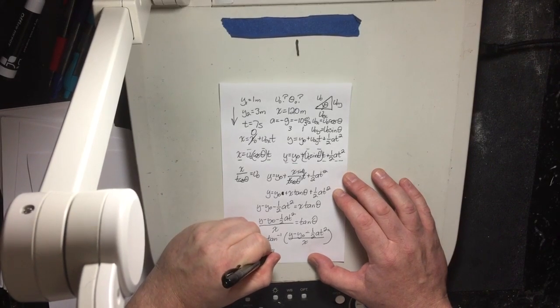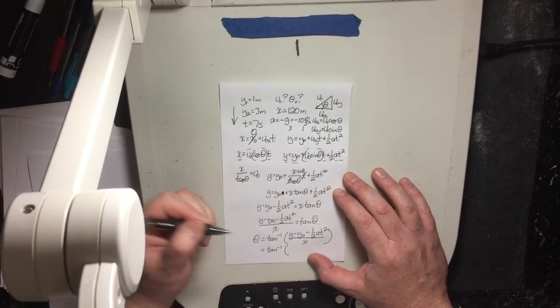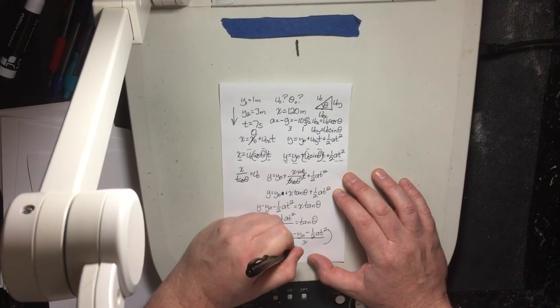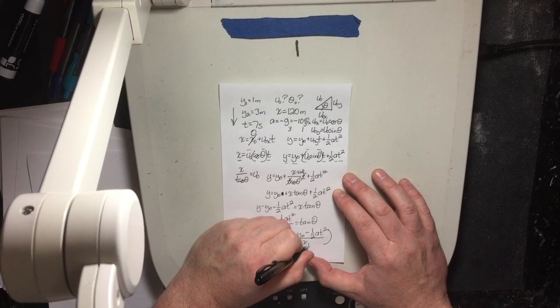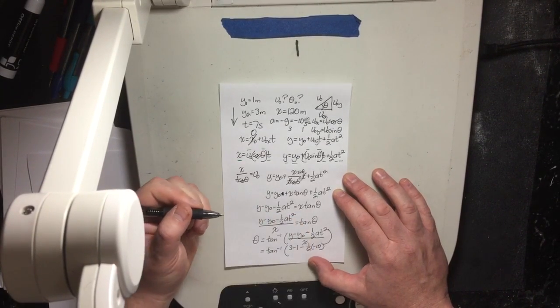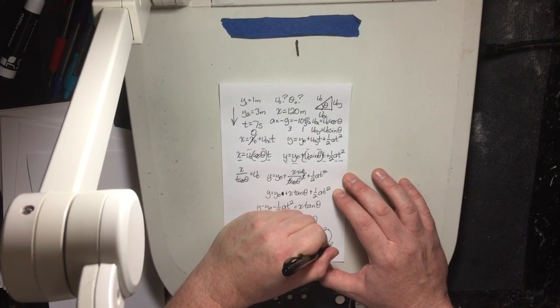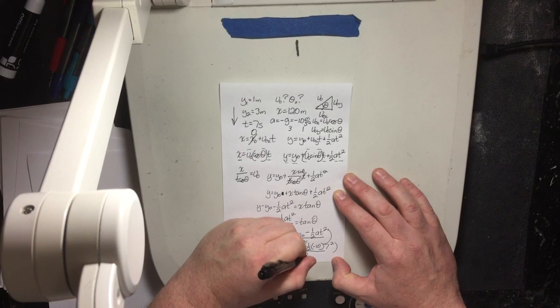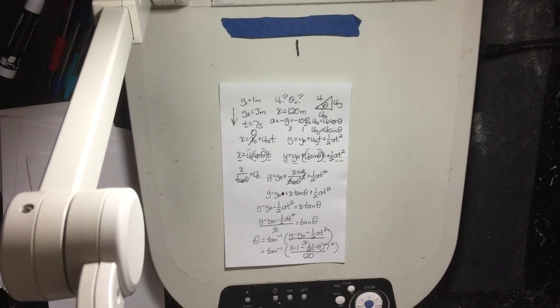So inverse tan, y final 3, y initial 1, minus 1/2 a negative 10 times 7 squared, all divided by 120. And calculator, people.